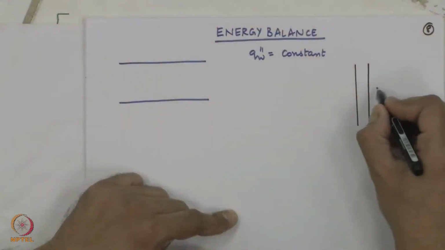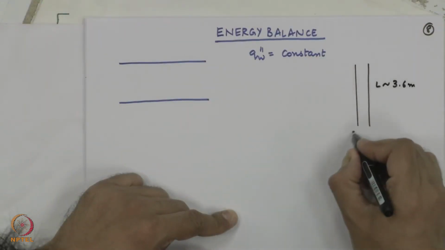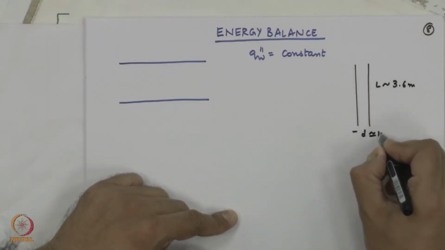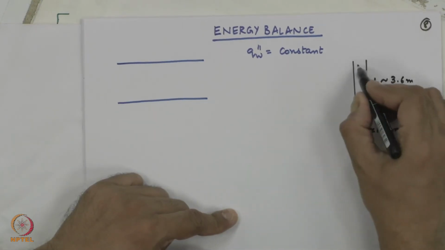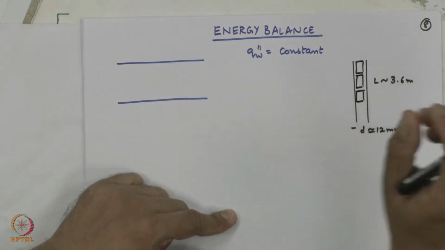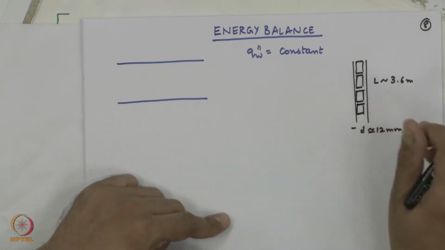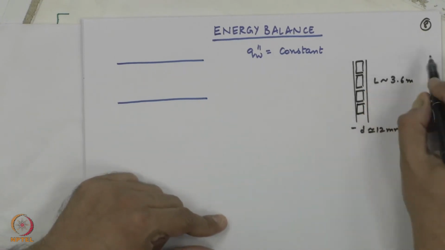So, many times, for example, if you take a nuclear fuel rod, okay, this is a nuclear fuel rod, length is of the order of 3.6 or 3 meters, diameter is of the order of 12 millimeter. This contains fuel elements or fuel pellets, cylindrical bullet-like structures which are fitted here, which are filled into a pipe, and this is your fuel rod.